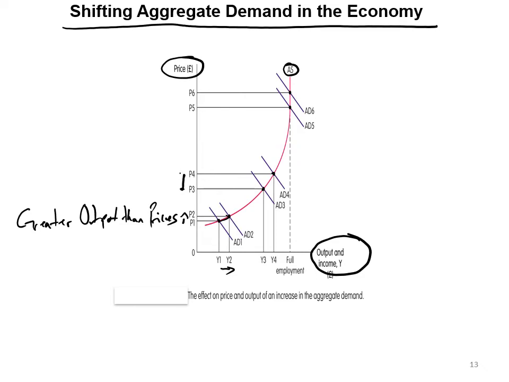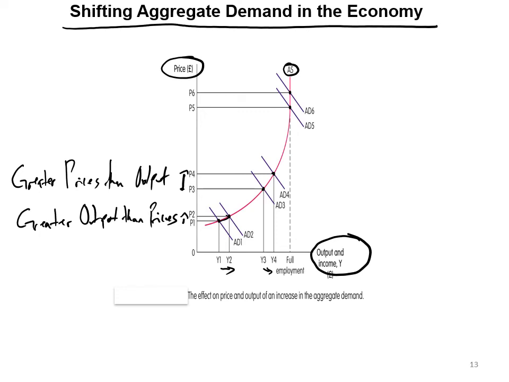Prices will rise to P4. But look what happens to output. The increase in output is not that much. So what do we have? We have a greater increase in prices than output. Okay? Interesting.